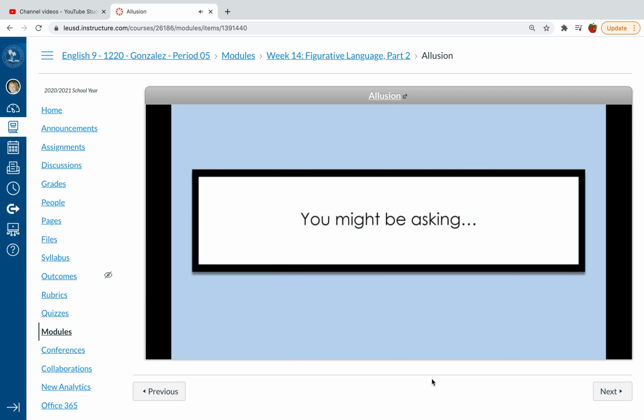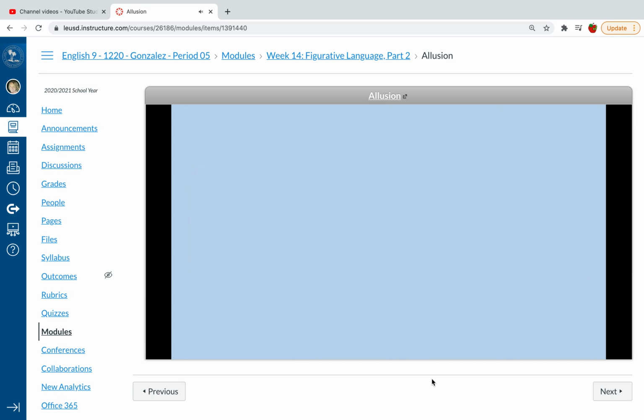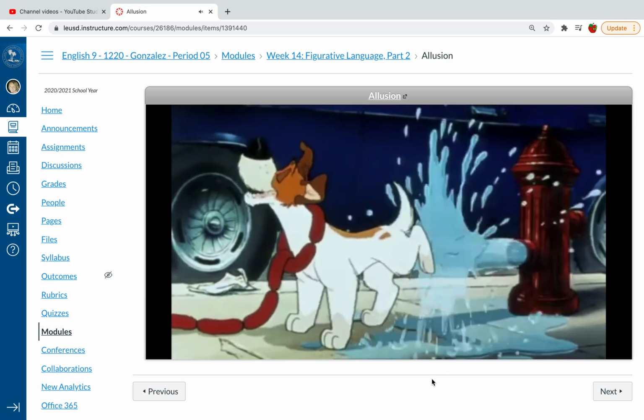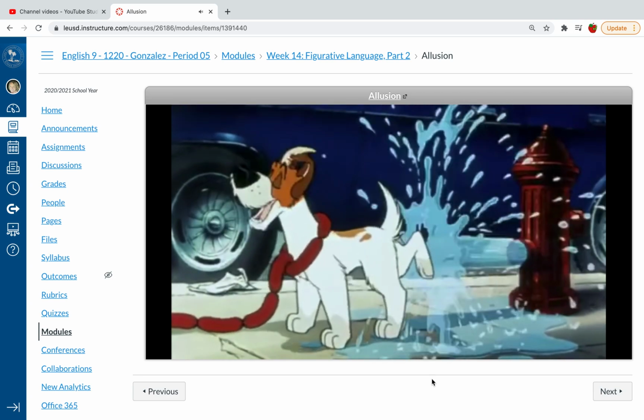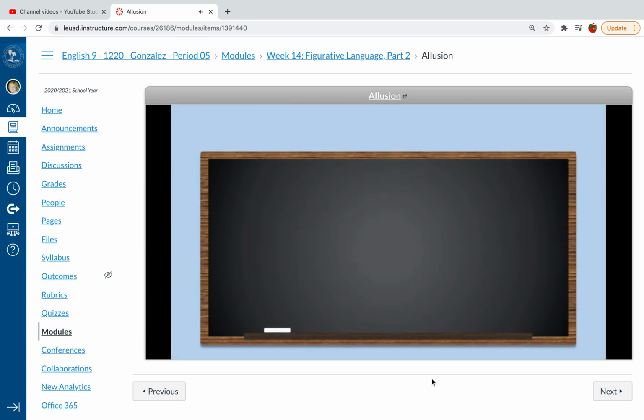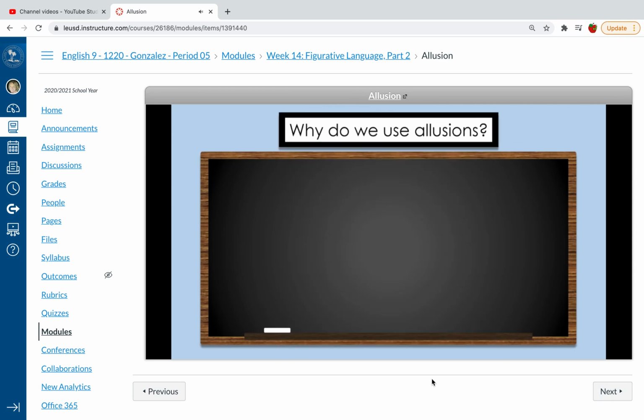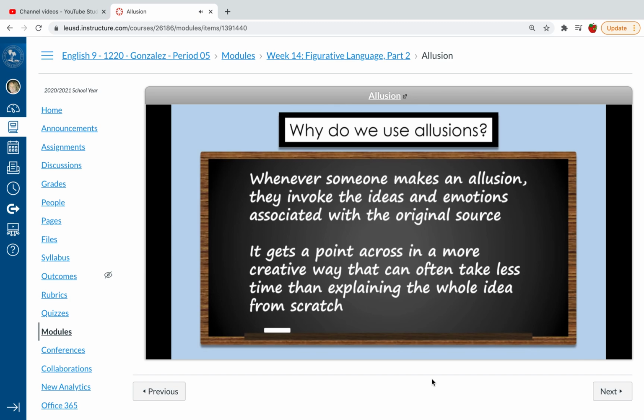So at this point, you might be asking yourself, why should I care? So we know what allusions are, but why do we use them? Why is it important to know about them? Whenever someone makes an allusion, they invoke the ideas and emotions associated with the original source. It gets a point across in a more creative way that can often take less time than explaining the whole idea from scratch.